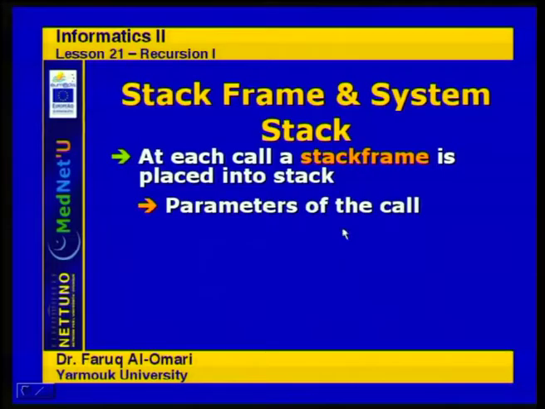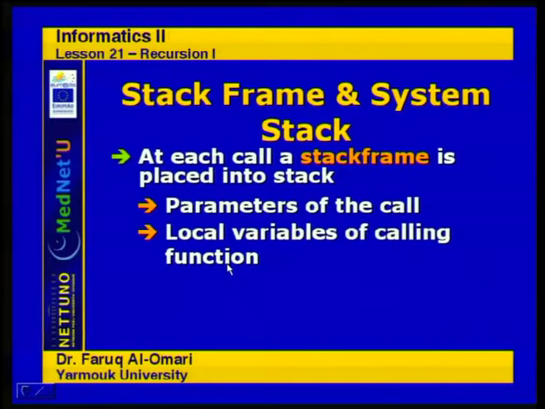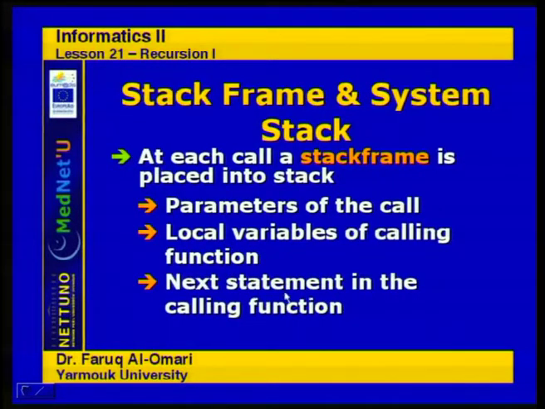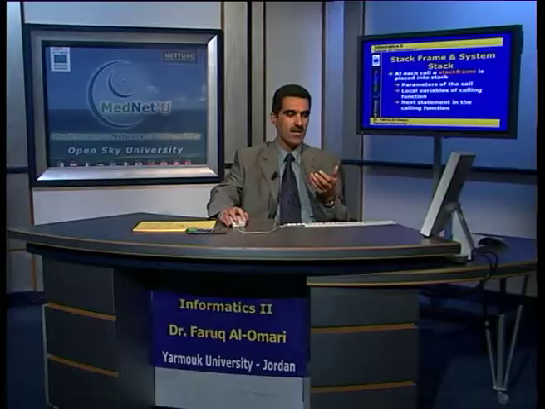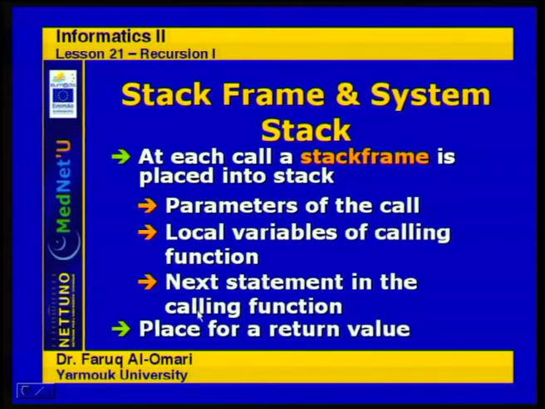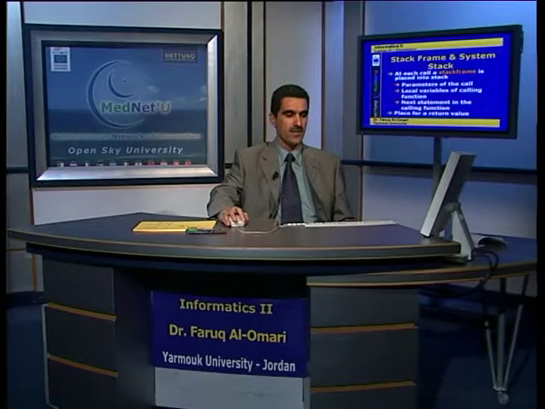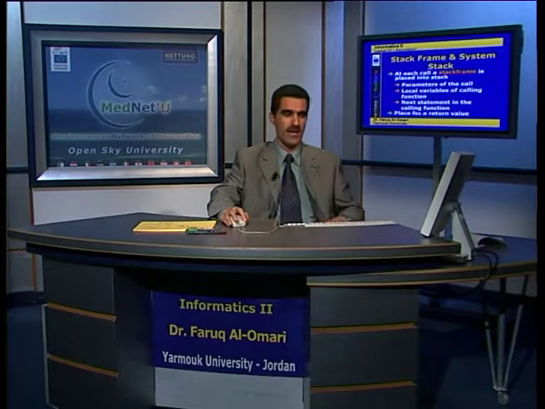The stack frame contains the parameters of the call, whatever parameters I pass in the function, local variables of the calling function, and the next statement in the calling function, which represents the return address. So it is the return address as well as other relevant information, namely the parameters that I pass and the local variables. And of course, a place for a return value if there is one, which is sometimes part of the parameters I pass, or if the function returns a value, then that place is saved as well.